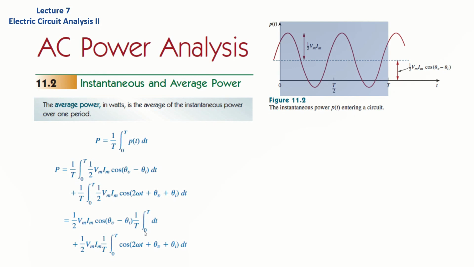This integration of dt will culminate in capital T, and this capital T will cancel this capital T, right? So we will have this part unchanged in case of this integration. But in case of this integration, it is very interesting to see this part will be zero.